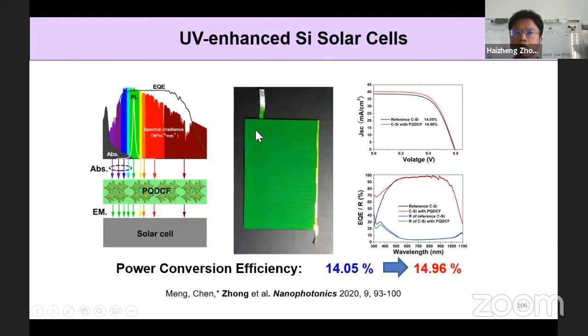And this also works for solar cells: by coating silicon solar cells with perovskite QD thin films, we can obtain nearly 1% enhancement for commercialized silicon solar cells.